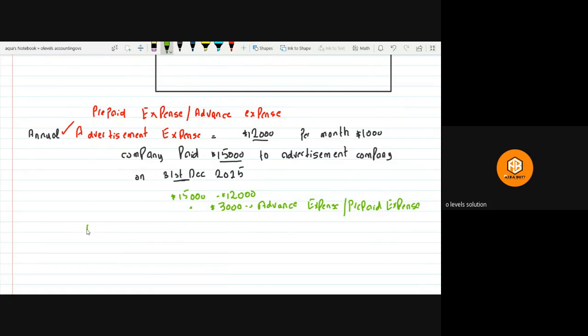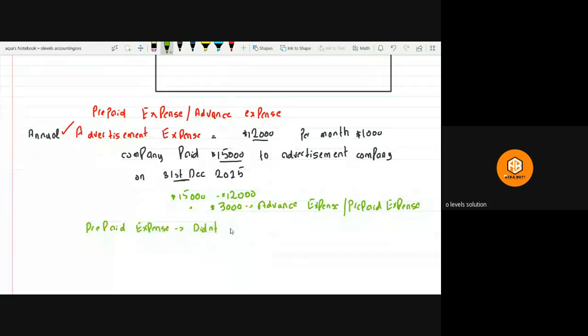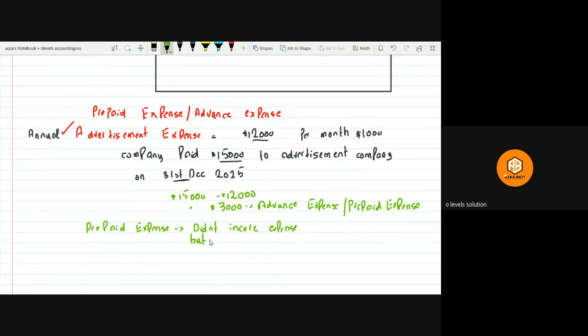So prepaid expense is an expense not yet incurred but paid in advance.